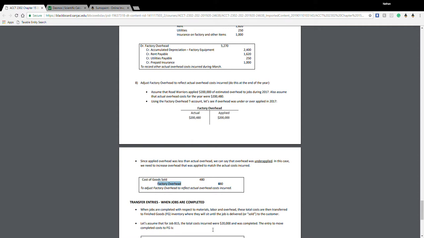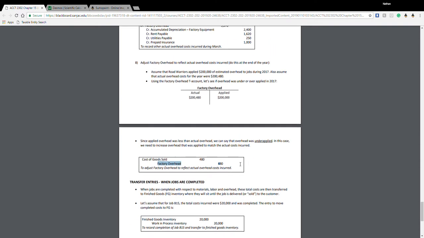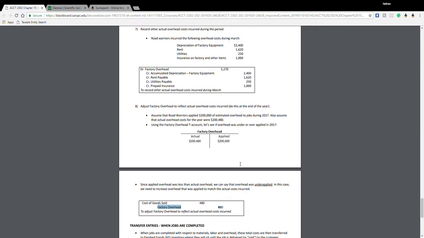So again, at the end of the year, we want to make sure factory overhead goes to 0. So with that, that's it of the big 3. That's how we actually account for the big 3 when we're looking at job costing, or basically any kind of journal entries related to the big 3.